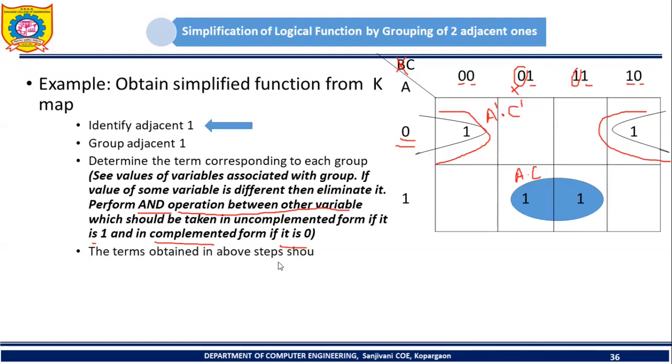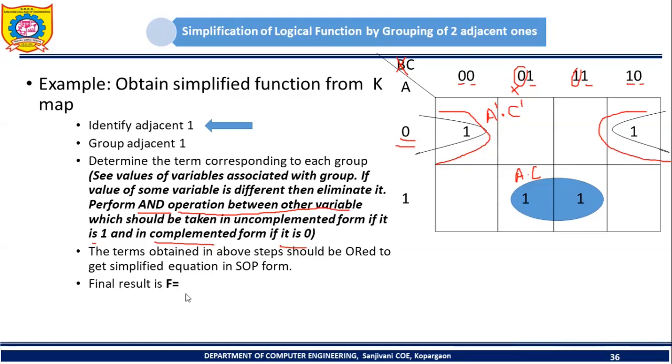The terms obtained in the above step should be ORed together to get the simplified equation in SOP form. So what operation do we have to perform? OR operation between the terms which we are getting here, that is, between AC and A prime C prime. Then we can say that it is a simplified equation.